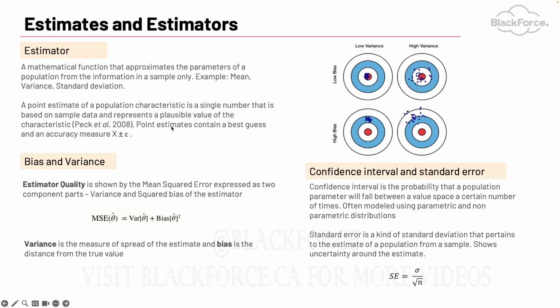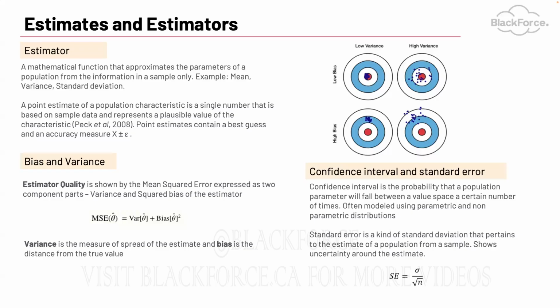But in this context, we're trying to infer the mean age in a country from sampling a couple of people in that country. What's the likelihood of people voting for this particular candidate by sampling a portion of the eligible voters? It's usually a single number based on your sample that helps you represent that same statistic in the broader population.